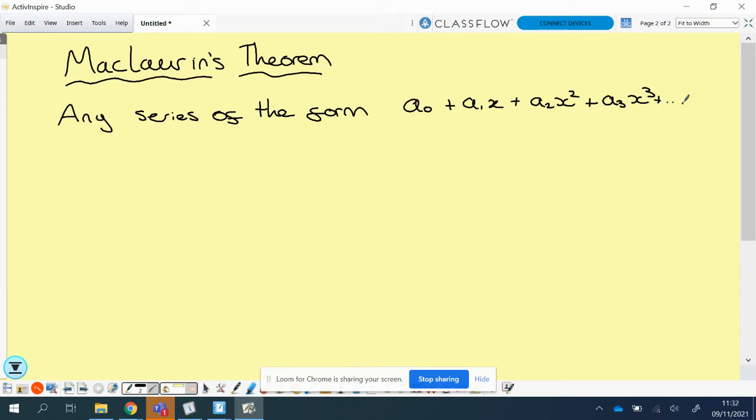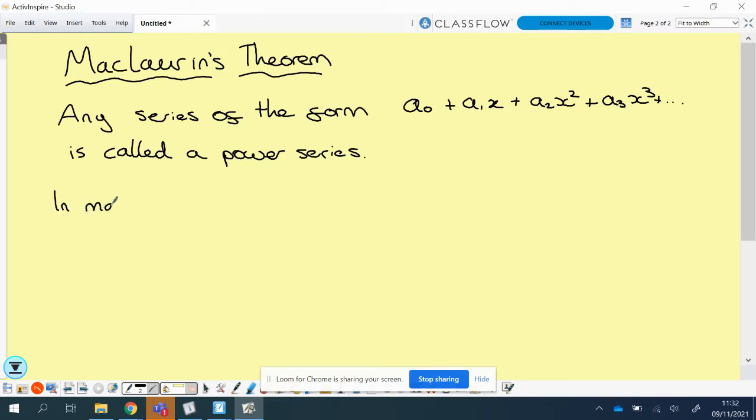It's called a power series. That shouldn't be anything too new for you. Again, your a0s, a1s and a2s are just constants. So for example, it could be 3 plus 4x plus 5x squared, for example. Things like that. Power series.